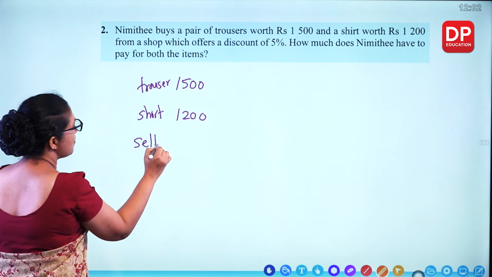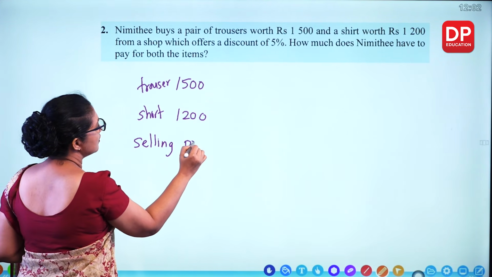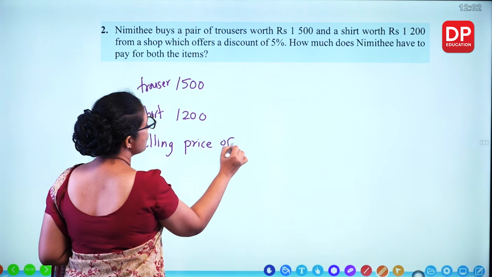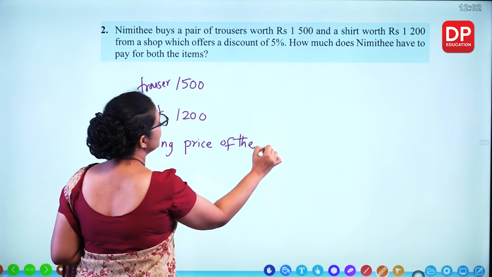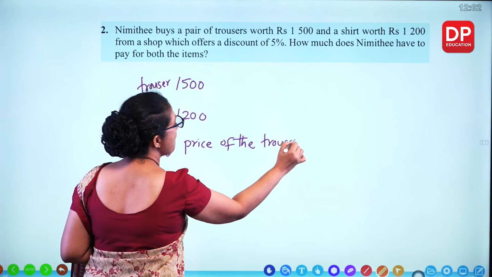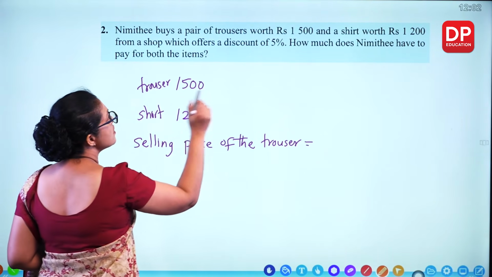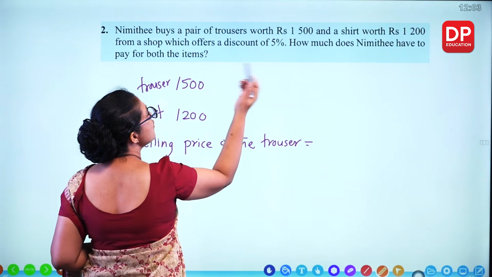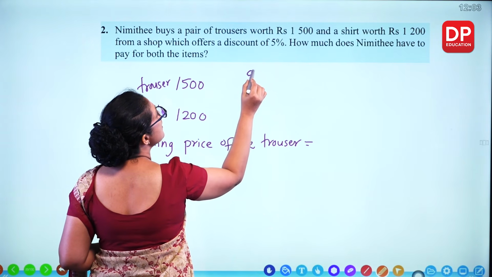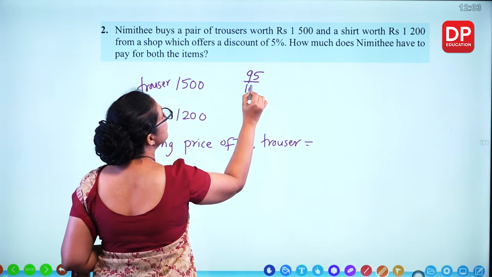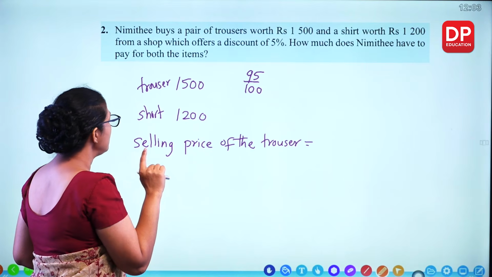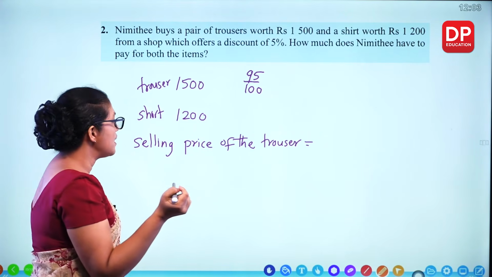So selling price of the trouser, I'll do straight away. If this is 5% discount, if you buy for 100, you have to sell it for 95. So I'll use that one straight away to find out the selling price.